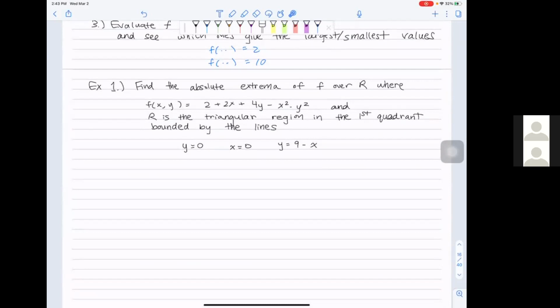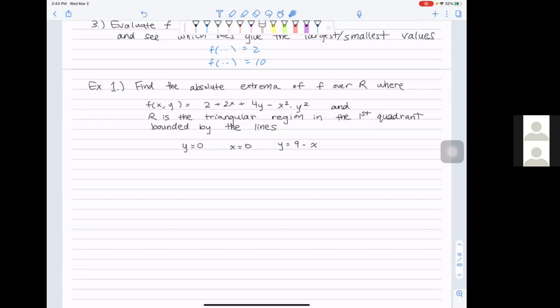So first step is that we want to find interior points, right? And how do we find the interior points? We take the derivative, or the gradient, and set it equal to 0.